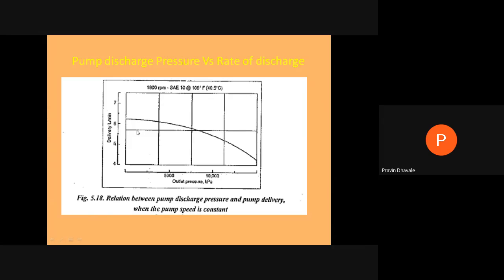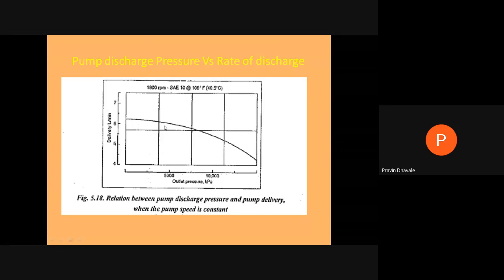What are you getting from this figure? Where the delivery is at the minimum value of discharge, at that time we are getting the higher discharge pressure. So as we are decreasing the delivery, the discharge pressure goes on increasing.